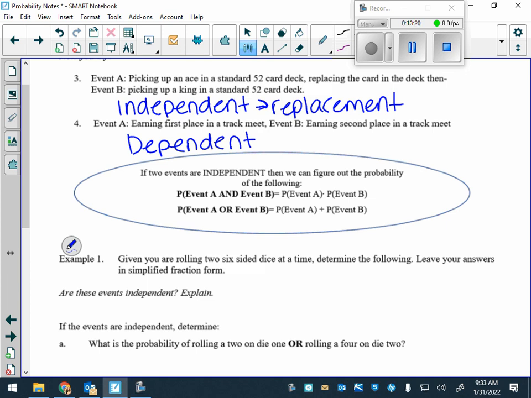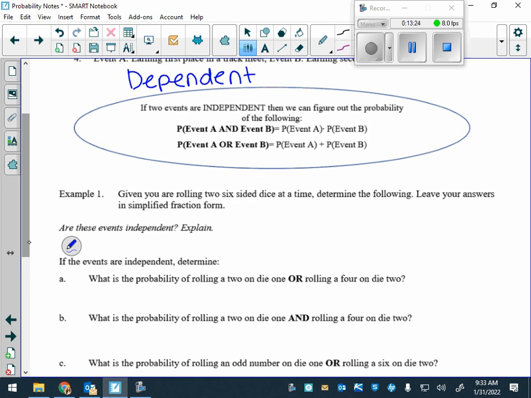Okay. So if 2 events are independent, like we've seen, then we can figure out the probability of the following. So keywords here. If you're looking for the probability of event A and event B, you are multiplying those 2 together to find the probability of both occurring.